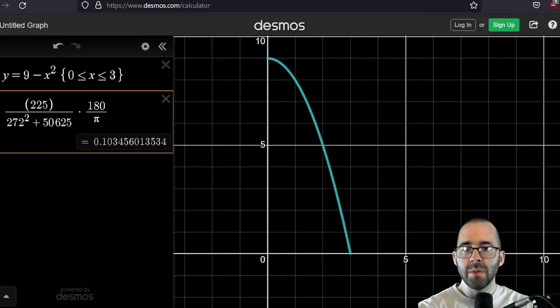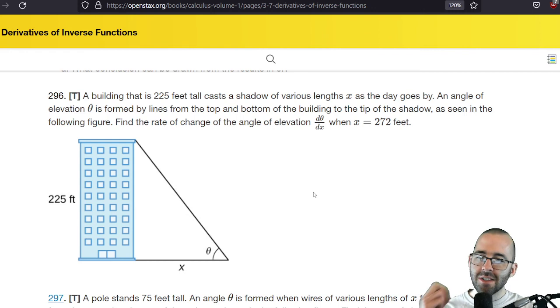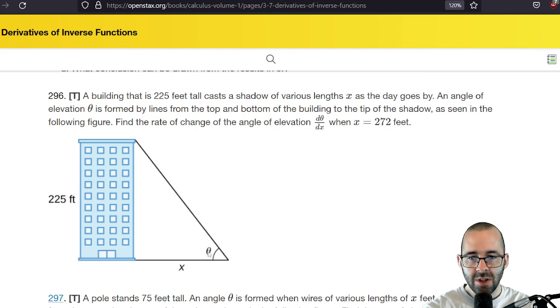At this specific moment in time, let's use their picture. At this specific moment in the day, how fast is this angle changing? For every foot the shadow gets longer, the angle decreases.